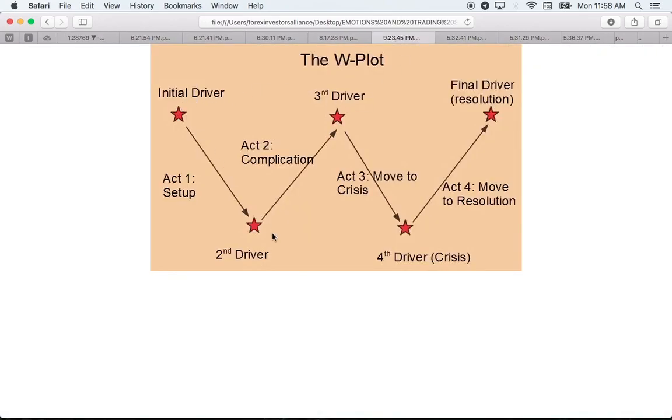The initial driver, or the initial stop hunt to the low, creating that low, and then the complication, the come off of the low to consolidate, and then that second spike, the driver, the move to the crisis, the stop hunt to the low, and then that move to resolution, the seizing of the prize, the second leg of the W.